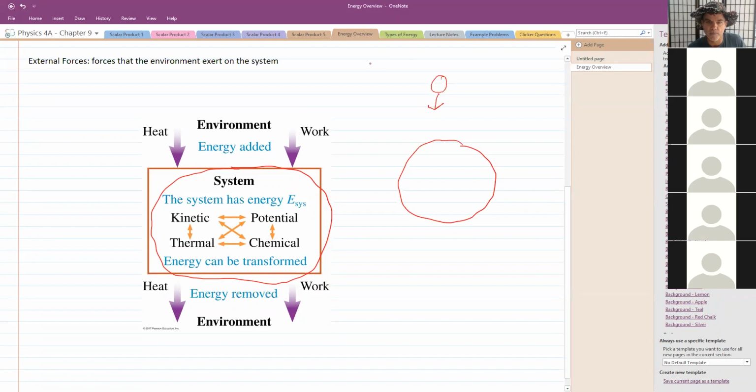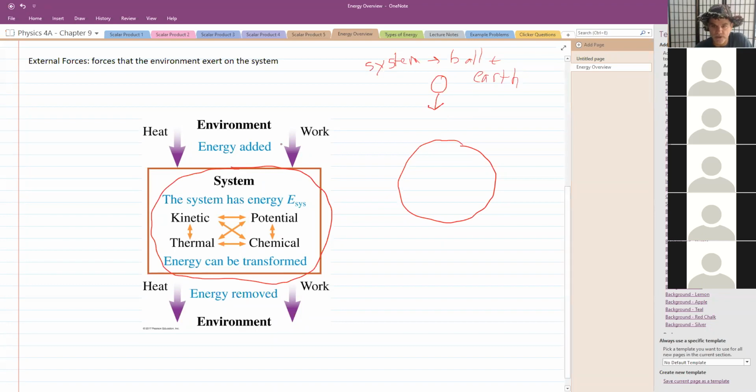So if I define my system as the ball plus the earth, then as this ball is falling, it's increasing in speed, which means its kinetic energy is getting bigger. But it's decreasing in elevation, it's getting closer to the earth, so the gravitational potential energy is getting smaller.